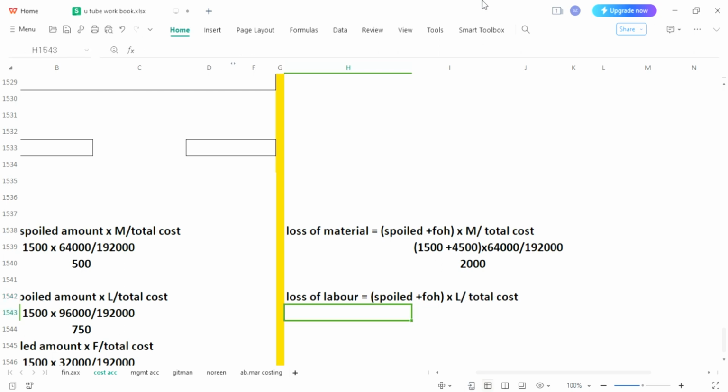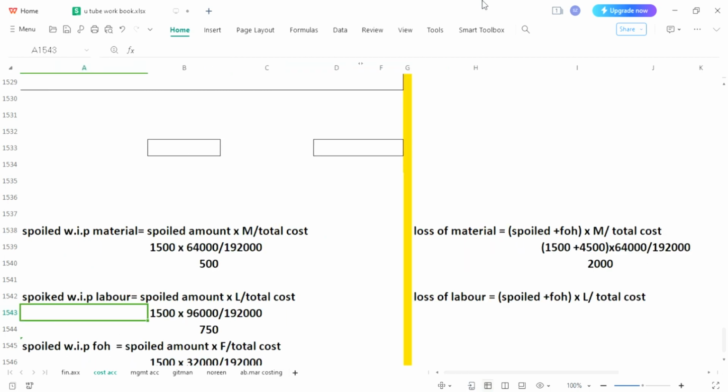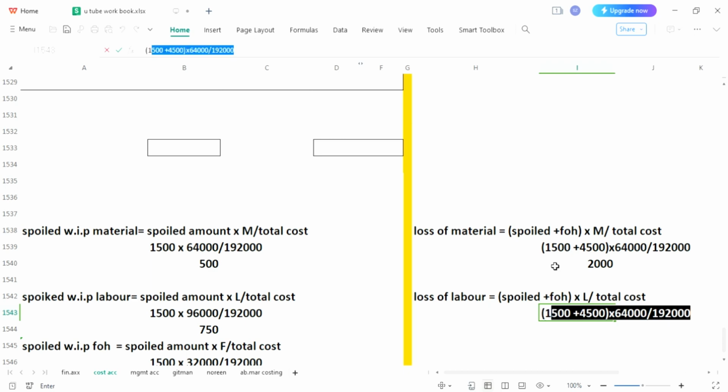Just labor cost we have put over here. Everything is available. Now we can calculate that directly. Spoiled cost was 1500. Same amount would be put 1500, and you need to add 4500. Same 4500. Just we will change the amount of labor.